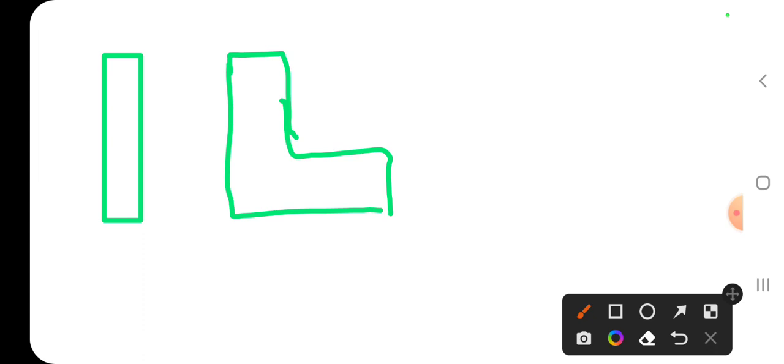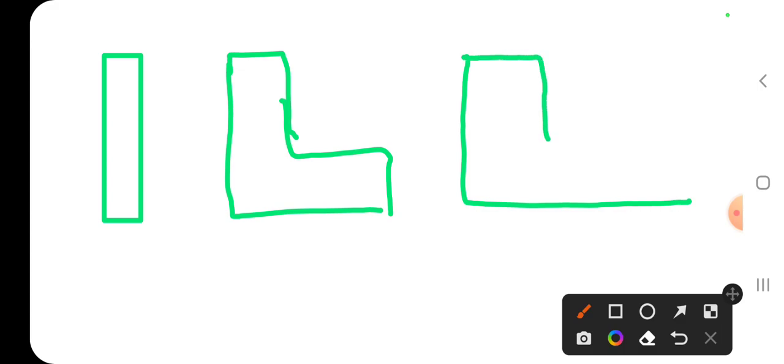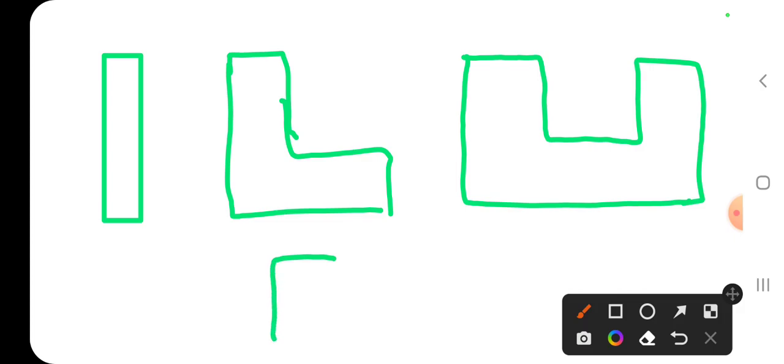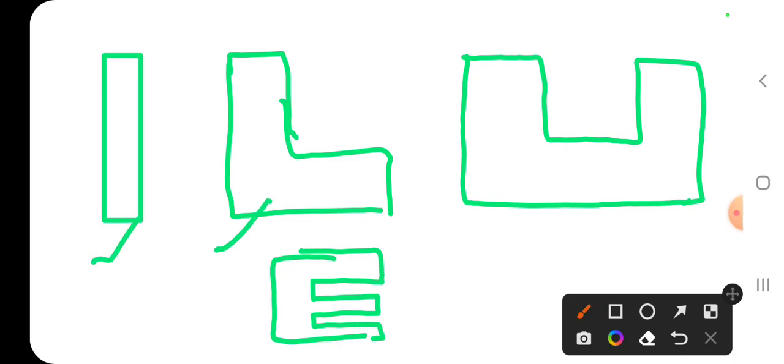Next one is U shape. And next one is E shape. That is I shape lamination, L shape lamination, U shape lamination, and E shape lamination.